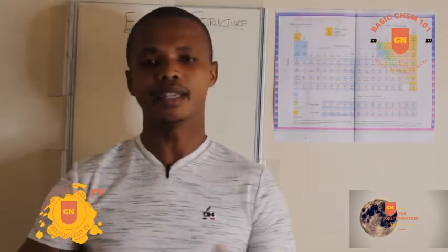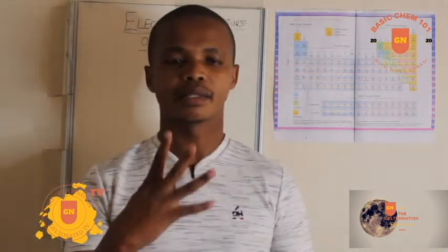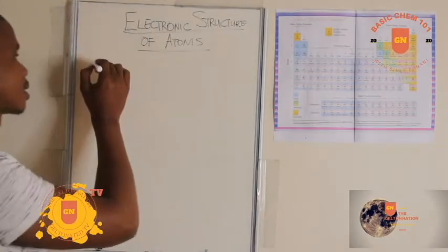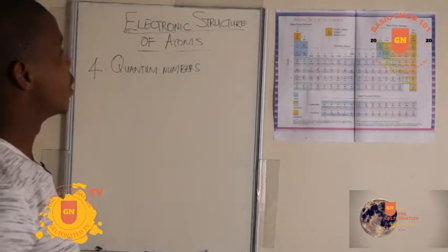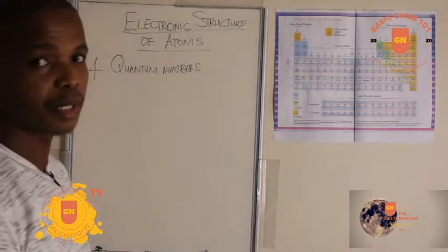And today we are starting our focus on the electronic structure of atoms. If you looked at our previous video, we were talking about quantum numbers, and we said each electron in an atom has 4 quantum numbers: the principal, the angular momentum, the magnetic, and the spin quantum numbers.